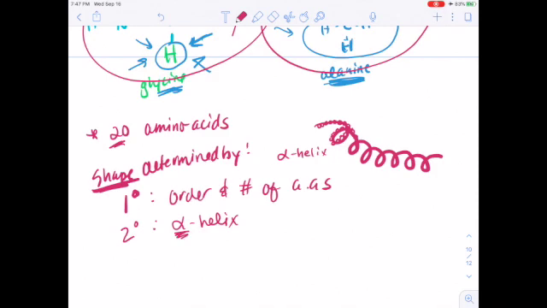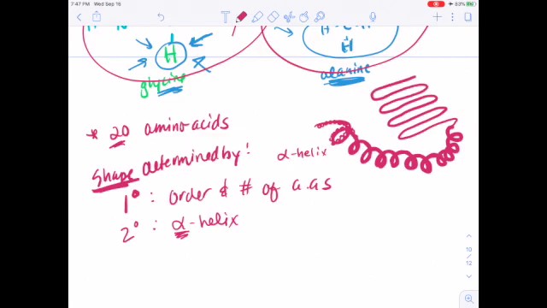Alpha is the Greek letter from the Greek alphabet. We use it a lot in science. It looks like this slinky thing, or an old-fashioned telephone cord. I haven't seen one of those in a million years. Or sometimes, depending on the order and number of amino acids, you can get something that's really flat and folded. I'm kind of drawing this to look like ribbon candy that you get on the Cape or something like that.